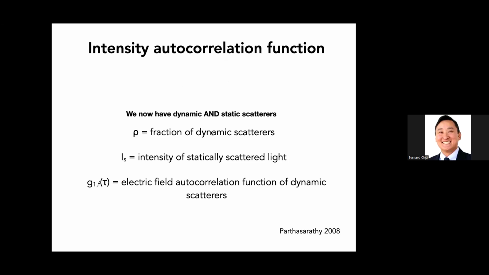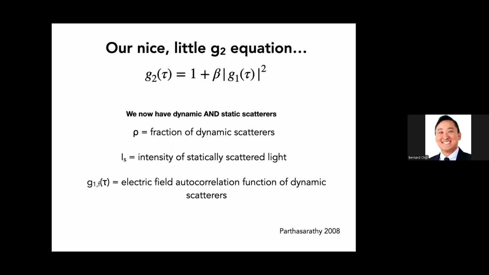If you have some dynamic scatterers and some static scatterers, and you have a lot, like 75% dynamic scatterers, this value will be 0.75. And then we have the intensity that we associate just with the static, basically what's scattered from static structures. Now, we've had a long discussion on what's the static structure, but that's a topic for another time.